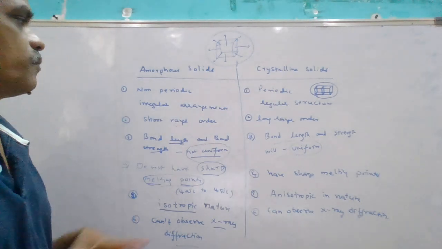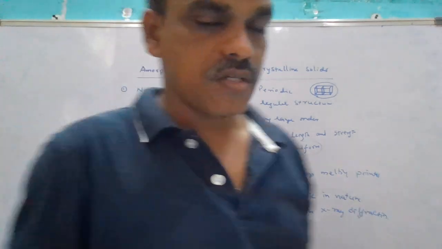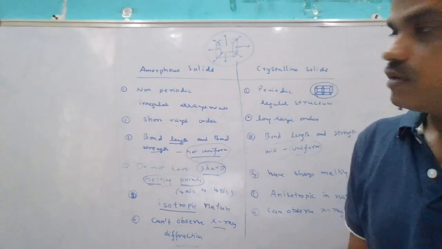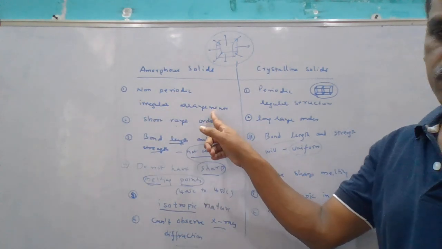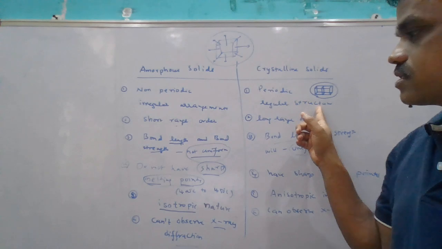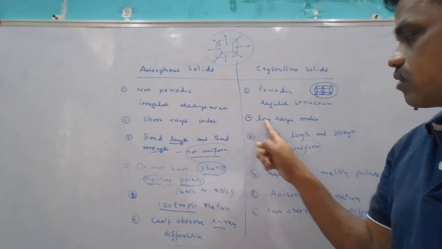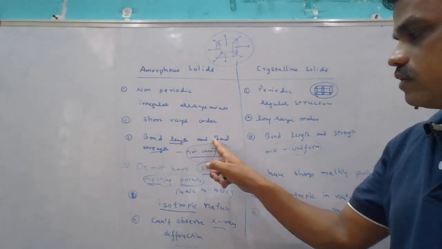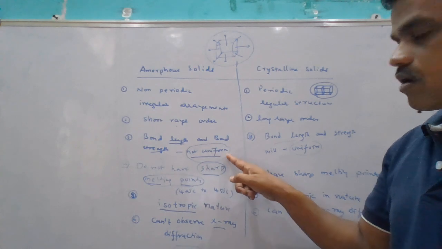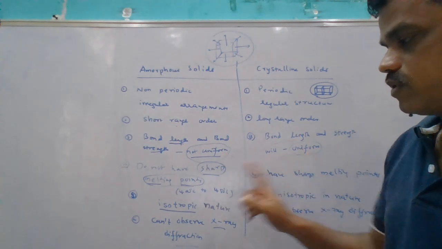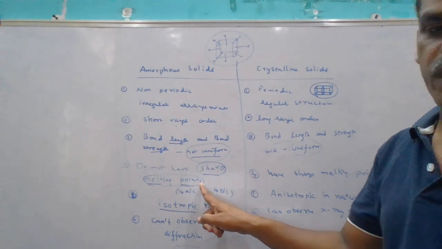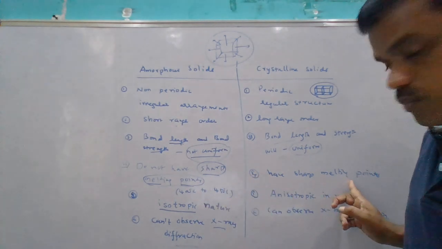I explained here amorphous solids and crystalline solids. First one, non-periodic irregular arrangements, periodic regular structure, short range order, long range order, bond length and bond strengths not uniform. Here bond length and bond strength will be uniform. They do not have sharp melting points. They have sharp melting points.